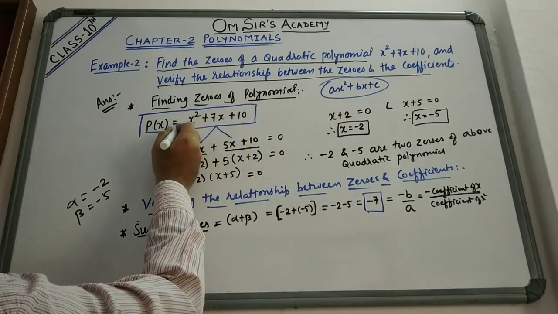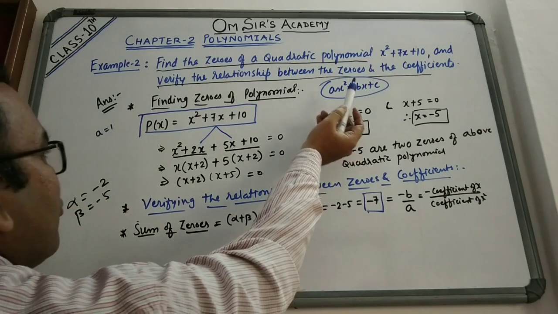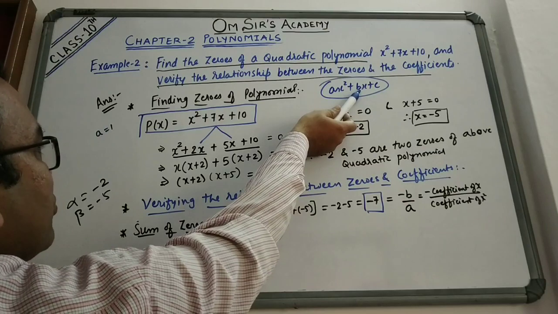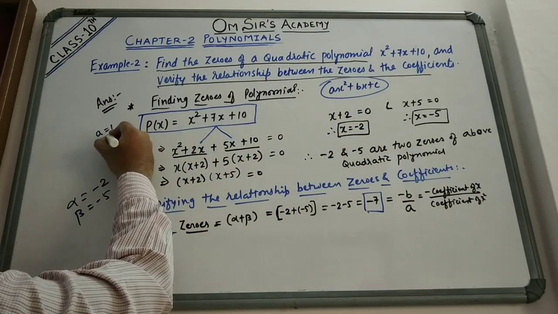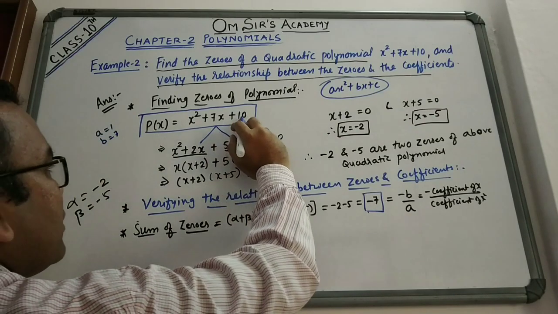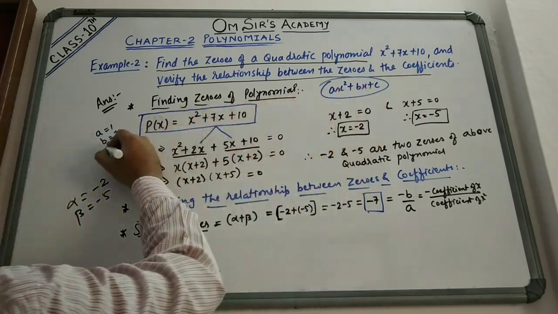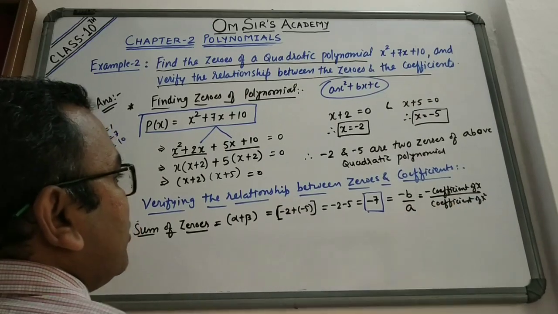So the coefficient of x square is 1, so a is 1. Then what is my b over here? That is the coefficient of x, which is 7. So b is equal to 7. And third, that is c. C is a constant term, that is 10. So here these should be equal to this.